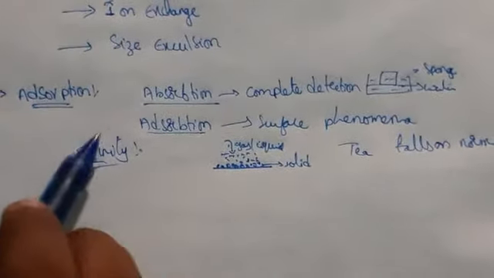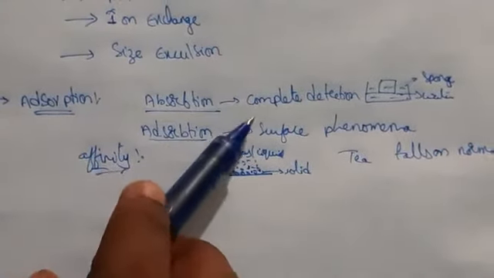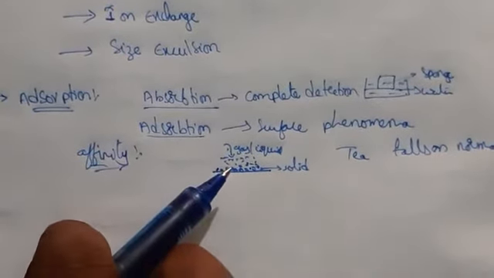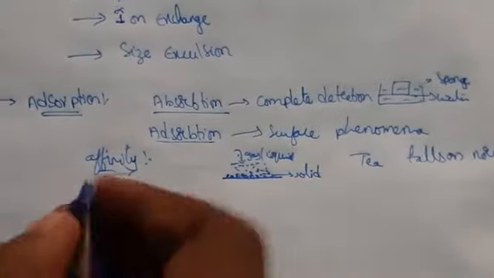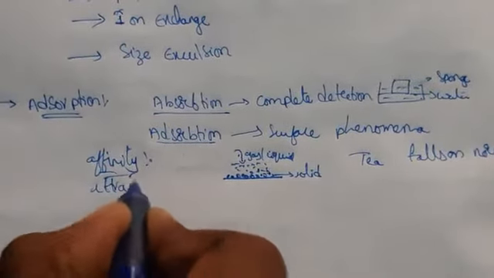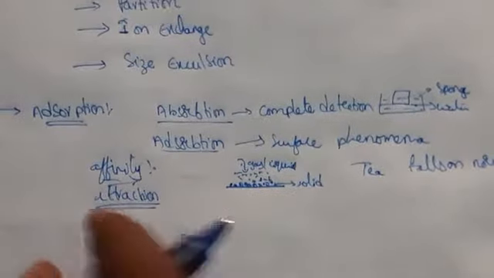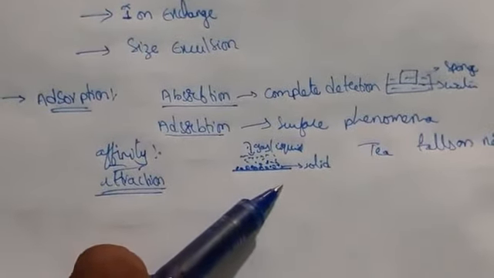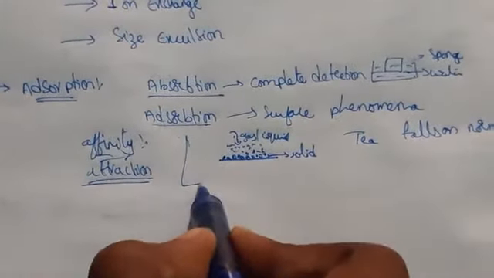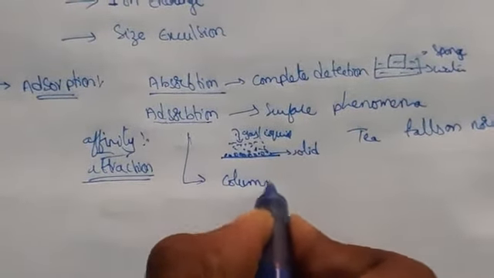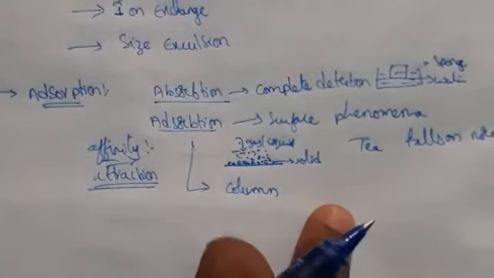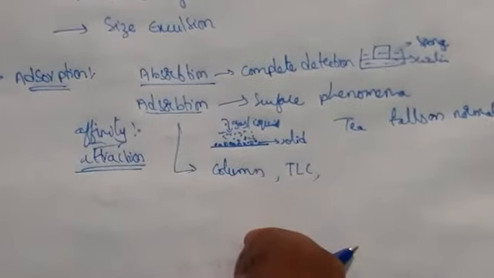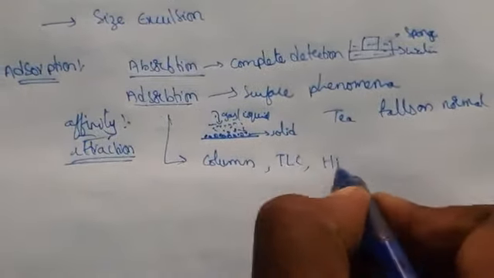If there is more attraction of molecules, then it will undergo adsorption; if there is less attraction, there will be less adsorption. This adsorption principle mainly applies to column chromatography, TLC, thin layer chromatography, and HPLC.